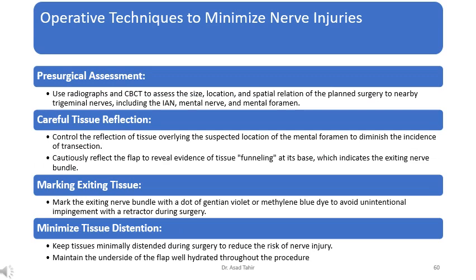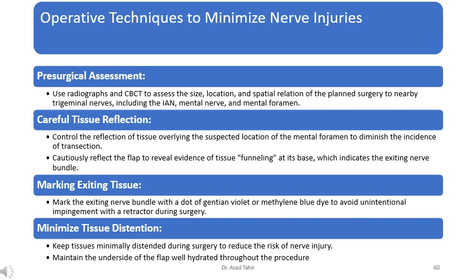Operative techniques to minimize nerve injuries. Presurgical assessment: use radiographs and CBCT to assess the size, location, and spatial relation of the planned surgery to nearby trigeminal nerves, including the IAN, mental nerve, and mental foramen.